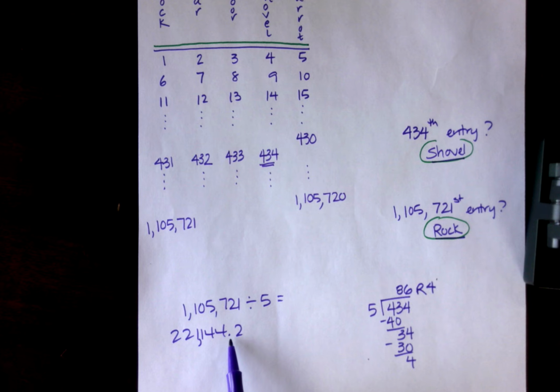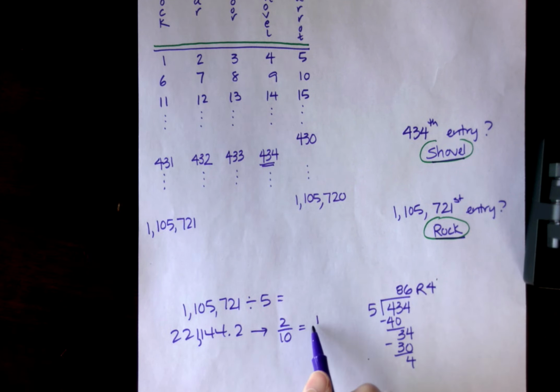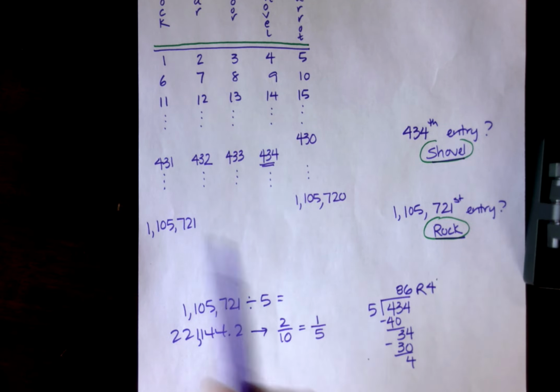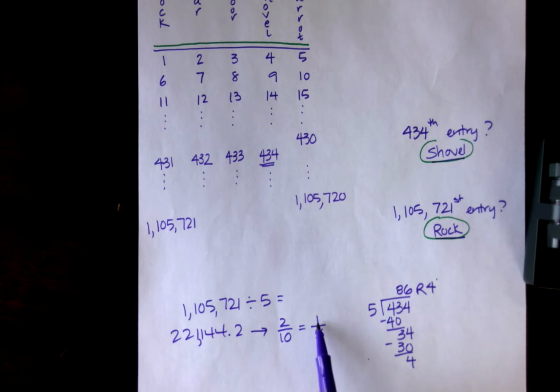So what we could do is we could take just that 0.2, and remember that if we read it in perfect English, this would be 2/10. And if we reduce that to lowest terms, we would get 1/5. 5 is the number of entries in a complete set, and we need 1, the first one of them.